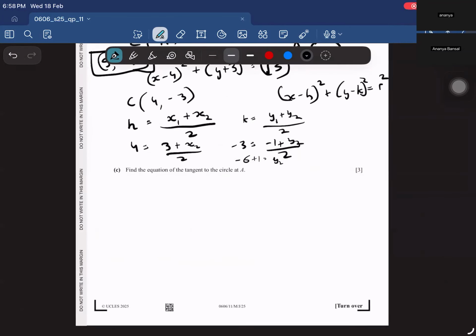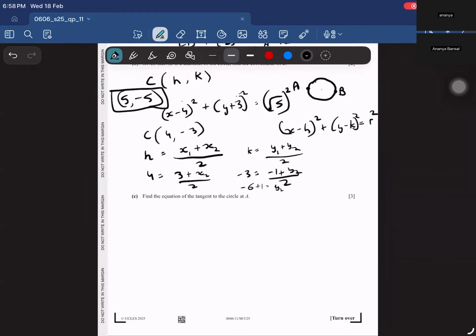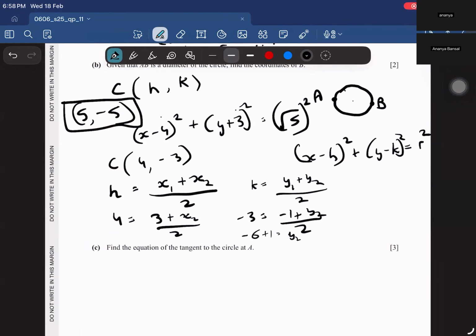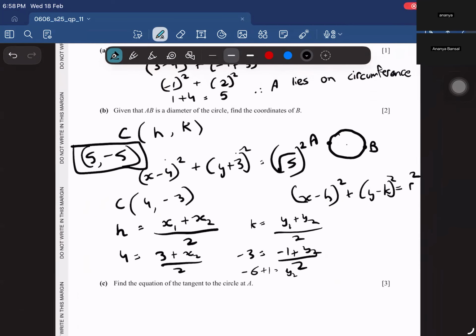Part C says, find the equation of the tangent to the circle at A. So we need to find the gradient of the radius of this circle.